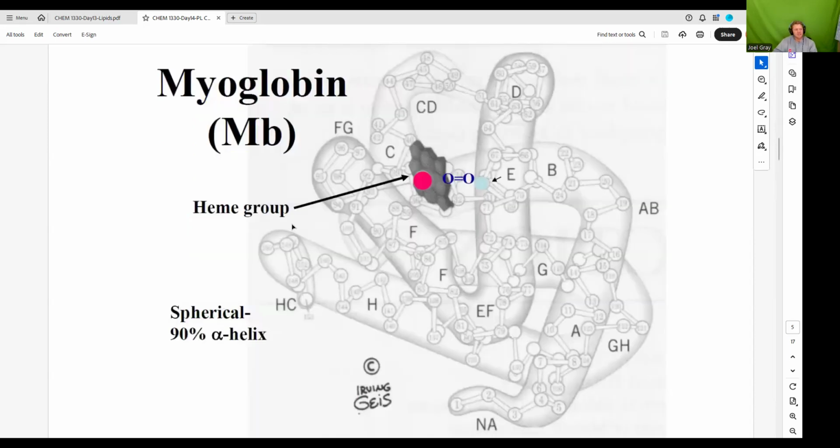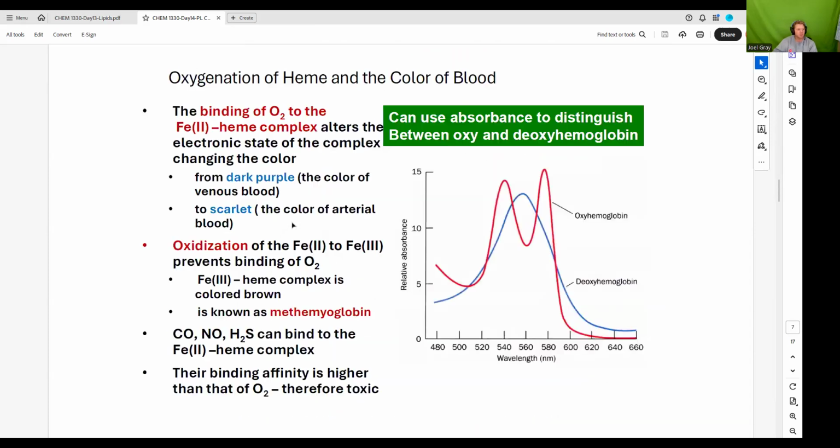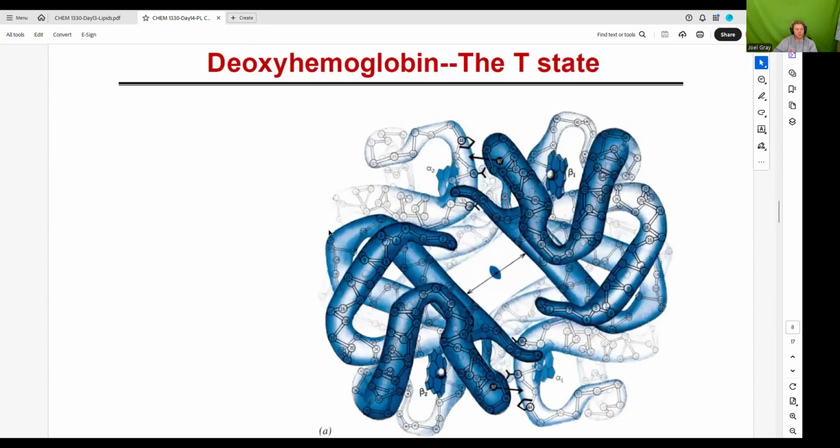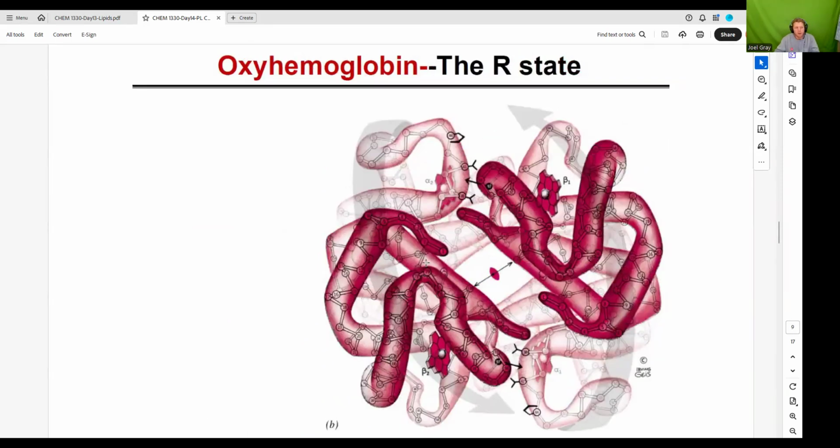Myoglobin is a protein that's 90% alpha helix, and it's going to help transport oxygen. Hemoglobin is a protein that transitions between a T or inactive state and an R or active state. So this is what hemoglobin does.